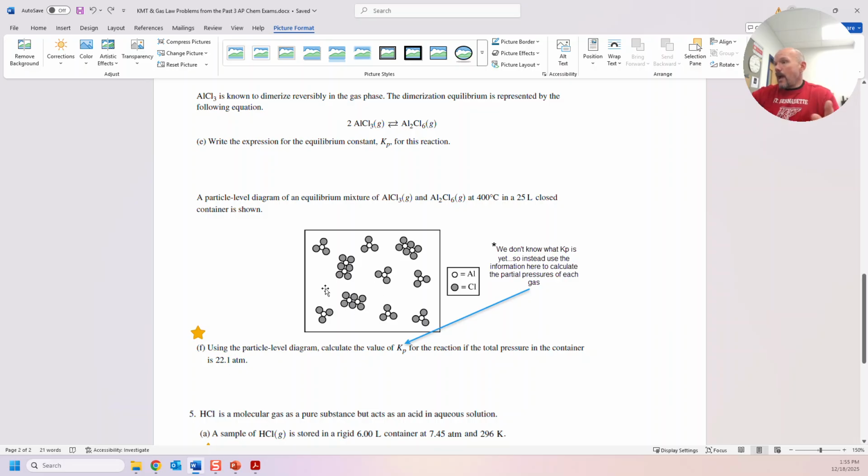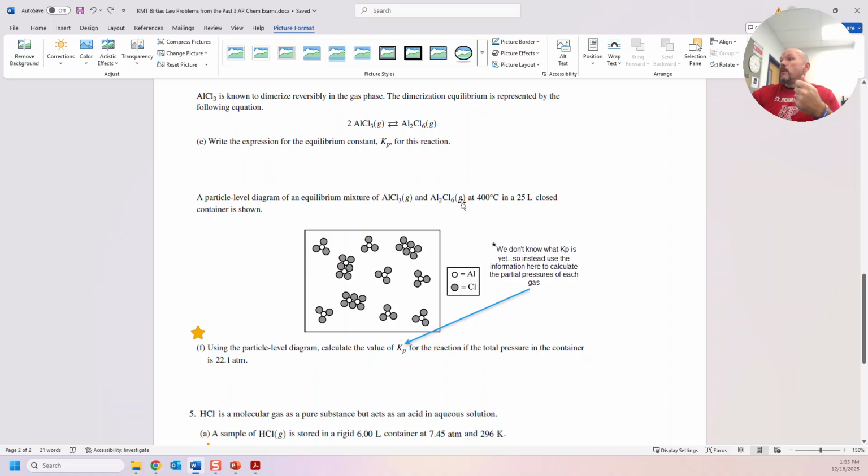So if we count the overall number of particles, we get 1, 2, 3, 4, 5, 6, 7, 8, 9, 10. We have 10 particles. But if you notice, 7 of the 10 particles are AlCl3, and only 3 of the 10 particles are Al2Cl6.